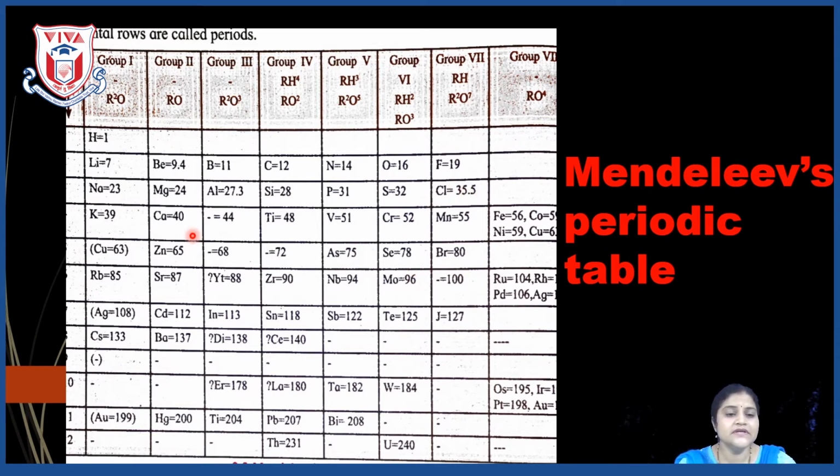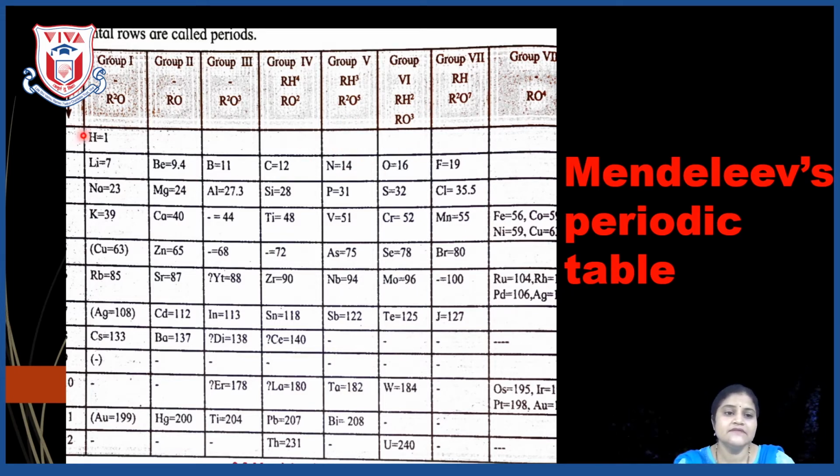Now here you can see there are vertical groups, that is group 1, 2, 3 to group 8, and there are horizontal rows also in Mendeleev's periodic table. Here you can see R2O, RO, R2O3. These were the compounds formed with oxygen and hydrogen, that means the oxides and hydrides, right?